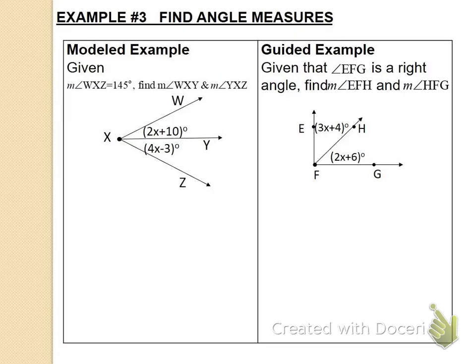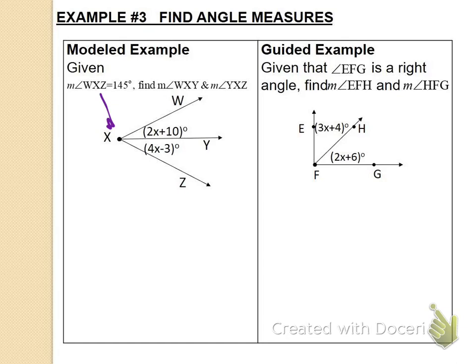All right. How can we use the angle addition postulate? Well, in the first picture here on the left, we see that the measure of angle WXZ is 145 degrees. And we've got expressions for angles WXY and angle YXZ.